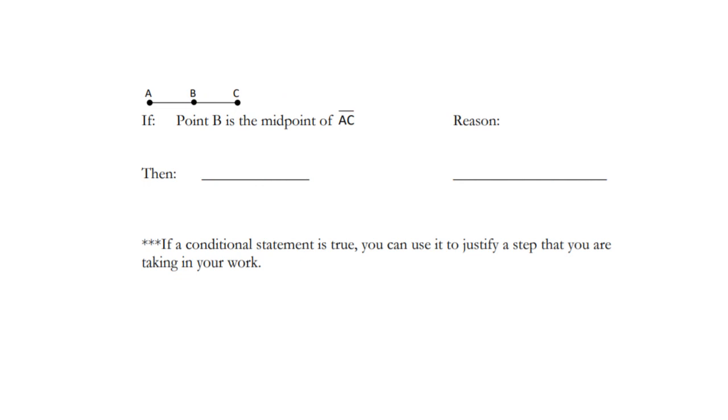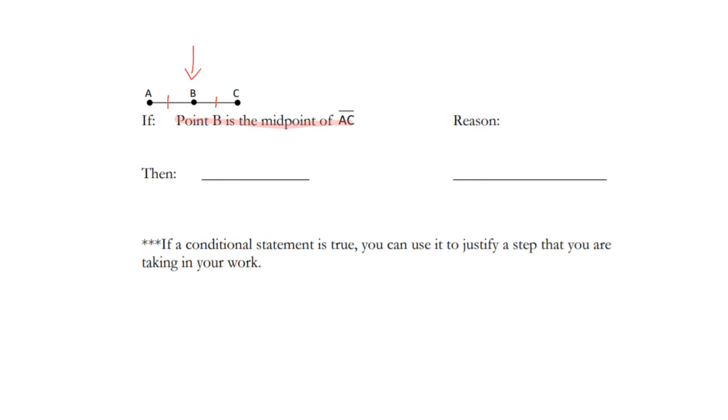So here is our hypothesis, right? It says if point B is the midpoint of segment AC, then what do we know? Well, what we know is that if this right here is the midpoint of the segment, we know it breaks that into two congruent smaller segments.